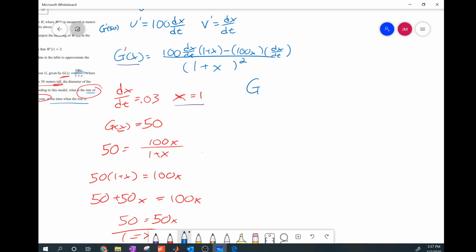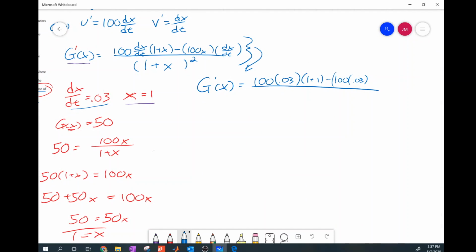So plugging in to g prime of x, that'll give you 100 times our dx/dt, 0.03, times 1 plus x, which was 1, minus 100x, x was 1, times dx/dt, all over 1 plus x, which was 1, squared.